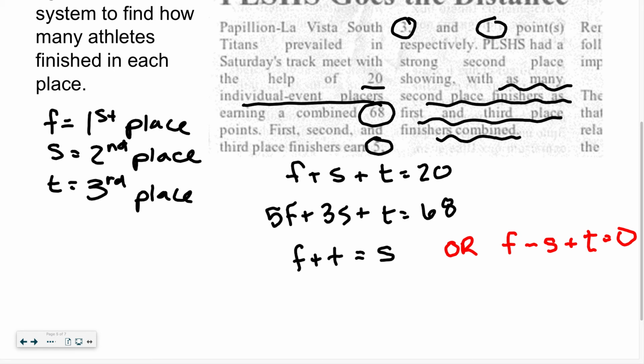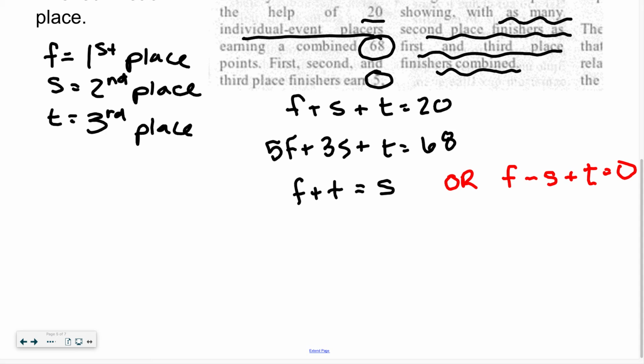This one also, I would maybe solve by substitution. So in this third equation where I have F plus T equals S, I can sub that in for S in the first two equations.